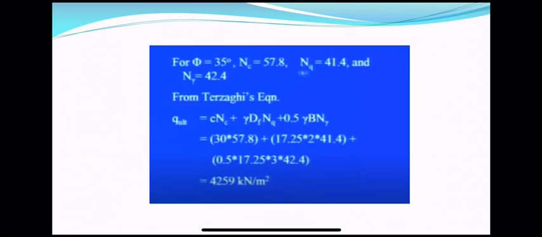Now from Terzaghi's equation, if you substitute these in the equation, Q ultimate will be equal to C NC plus gamma Df NQ plus 0.5 gamma B N gamma. If you substitute the respective values and solve it, you will get ultimate bearing capacity as 4259 kilonewton per meter square.